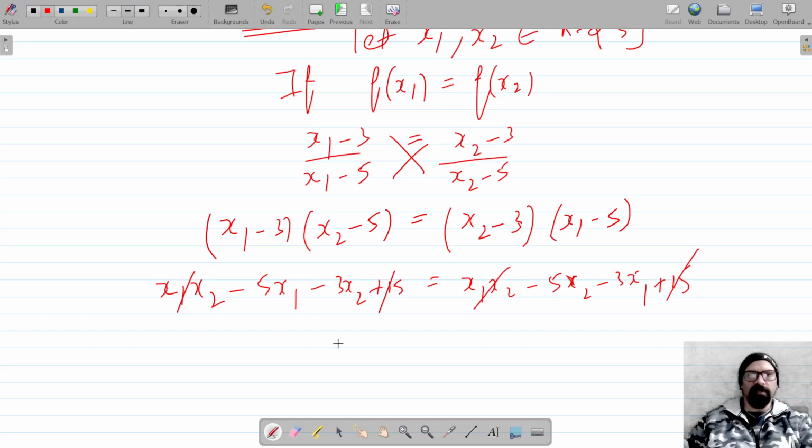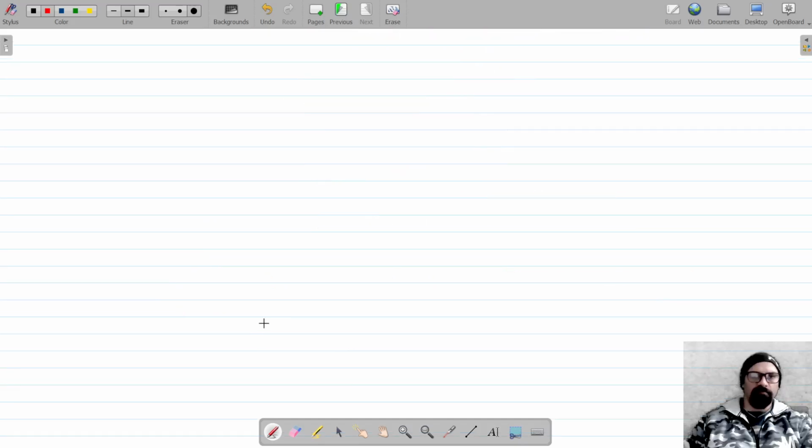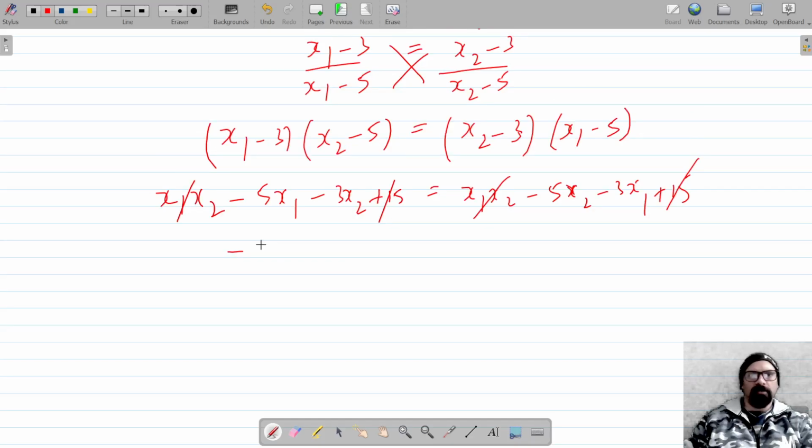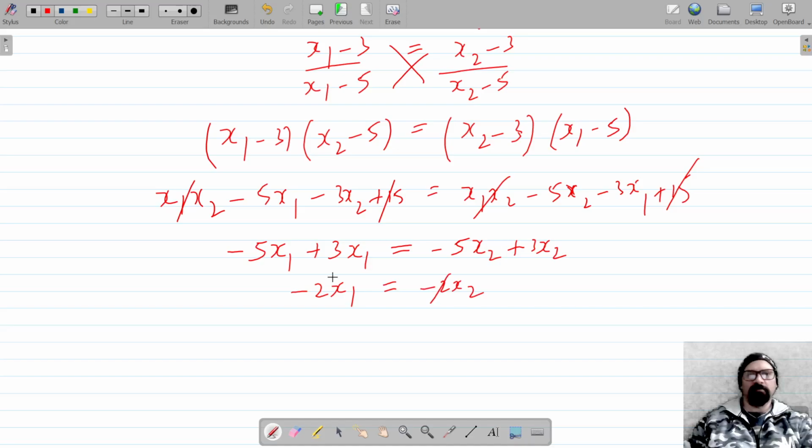And finally, we have negative of 5x1 plus 3x1 is equal to negative of 5x2 plus 3x2, which gives me negative 2x1 is equal to negative 2x2. So this gets cancelled. That means x1 is equal to x2.